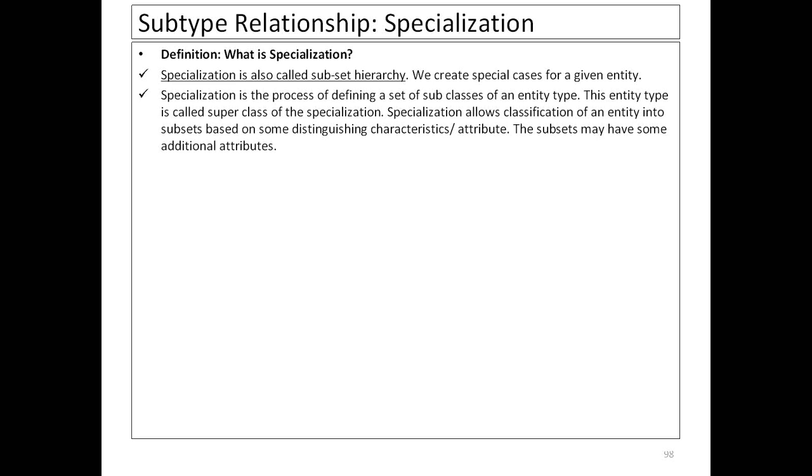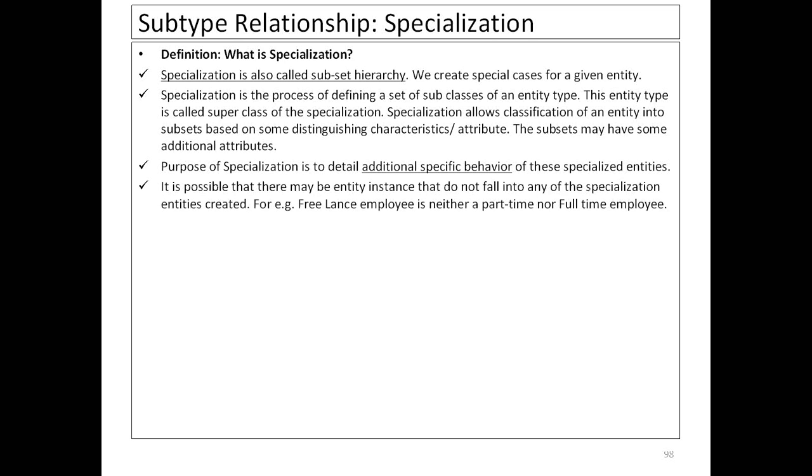So specialization allows classification of an entity into subsets based on some distinguishing characteristics or attributes. The subset may have additional attributes which are specific to that particular subtype. The purpose of specialization is to detail additional specific behavior of these specialized entities.